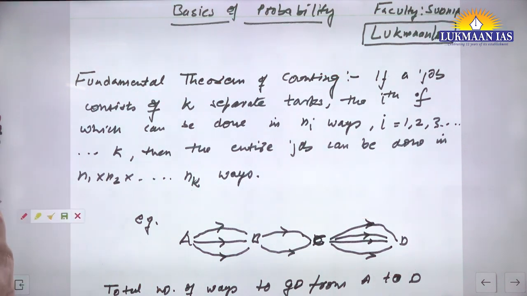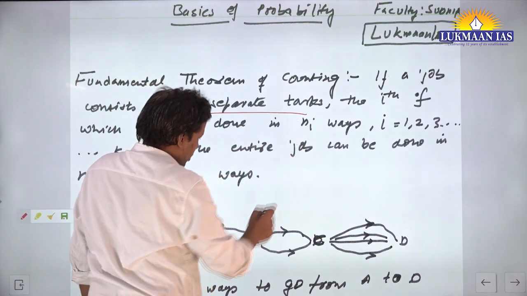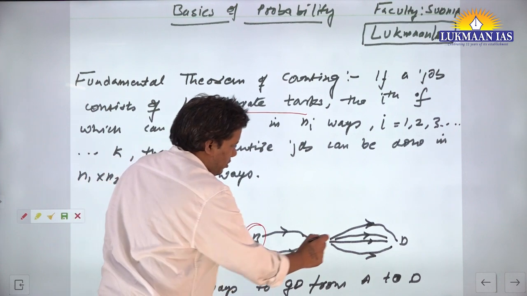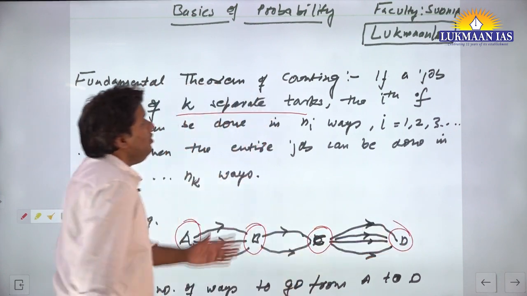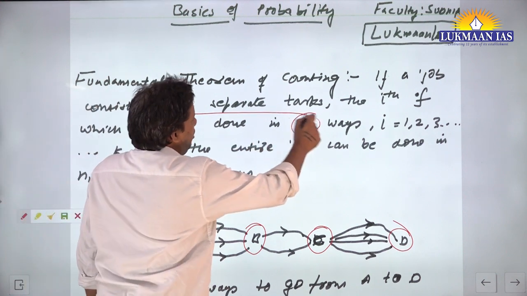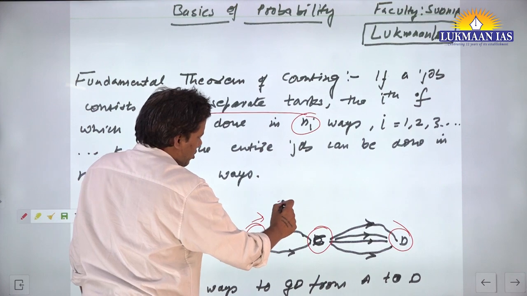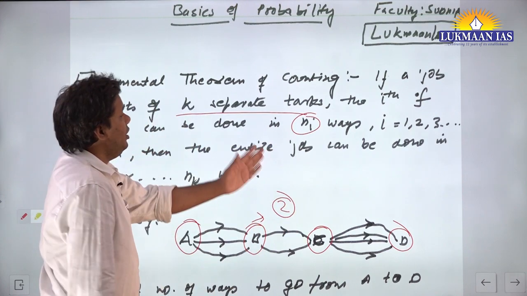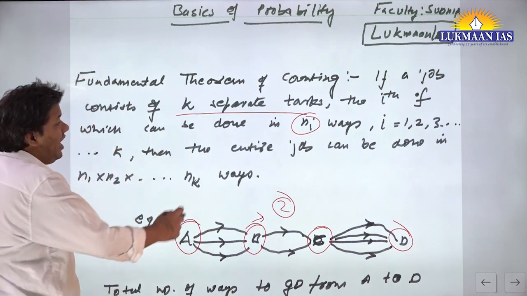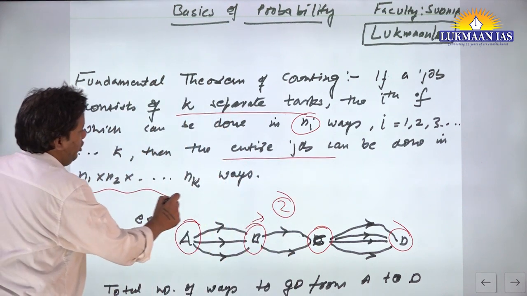So the definition of the theorem is this. The fundamental theorem of counting says, if a job consists of k separate tasks, different tasks like moving from A to B, C to D, the i-th task of which can be done in Ni ways, that is N1, N2 and so on, then the entire job can be done in N1 into N2 into ... into Nk ways.